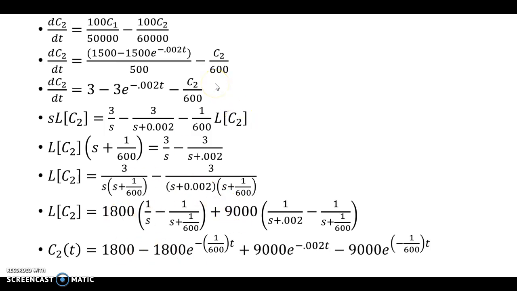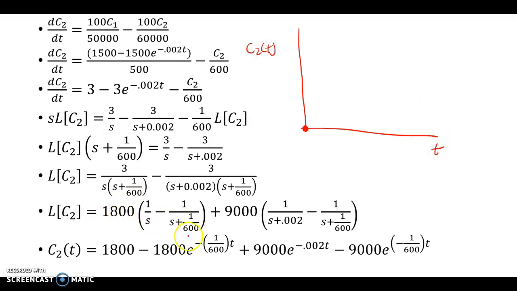And again, I want to think about what's going on here. This is going to achieve a different amount of the chemical. I can see that at time 0, this term will be 1,800, this term will be 9,000, this term will be 9,000, and the positive and negative values offset each other to give me an initial value of 0.